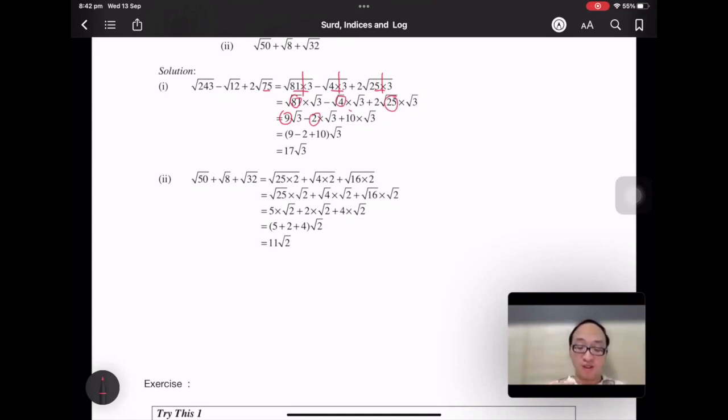So this is 2 times 5, which becomes 10, because we have 2 here. Then we can add all the remaining surd forms. So we have 9 minus 2 plus 10, the square root of 3, and the total is 17 square root of 3.